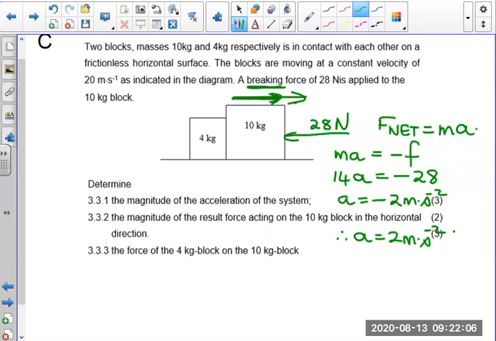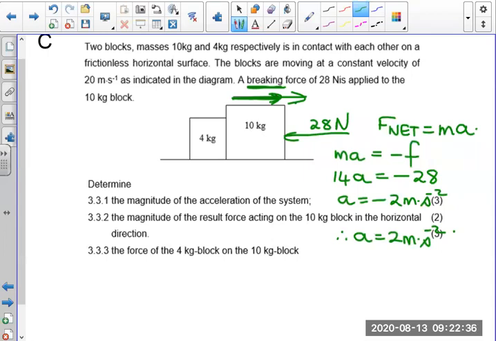Then for the next one, they want the magnitude of the resultant force acting on the 10 kilogram block in the horizontal direction. Now, if you look at this one, remember, the 10 kilogram block is decelerating with 2 meters per second squared.